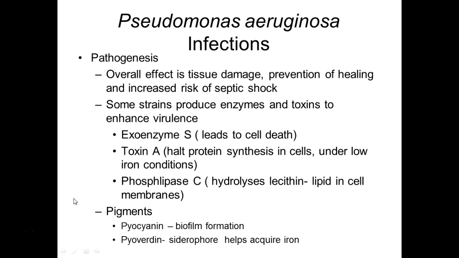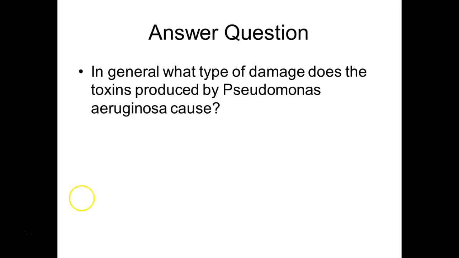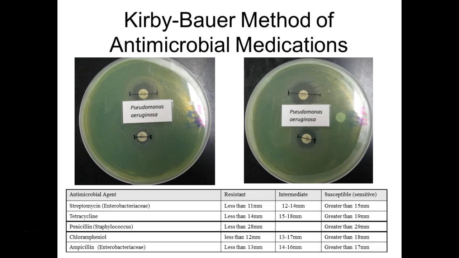Okay, so this picture is an antibiotic sensitivity test that we perform in the microbiology lab. We didn't do Pseudomonas this semester, mostly because I just didn't feel like dealing with it. But you can see that this is the Kirby-Bauer method, so we put Pseudomonas on the plate, and you can see the green discolorization as it grew, and then we put antibiotic discs on the plate.